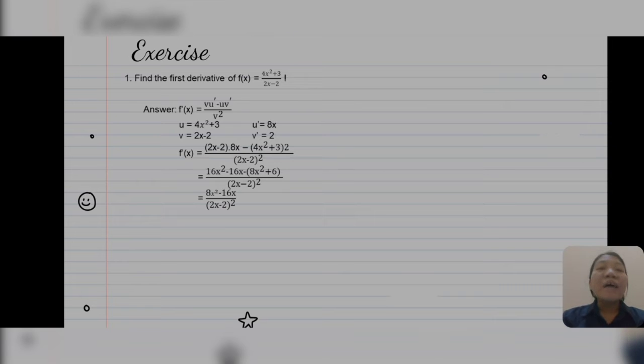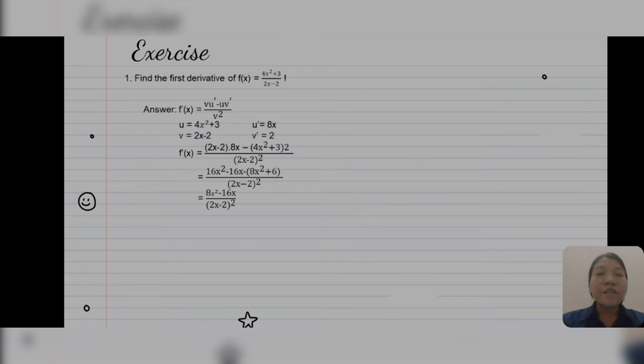That is f accent open parenthesis x close parenthesis equal to phi times with u accent minus u times with phi accent per phi squared. And at here, the u is 4x squared plus 3, and the phi is 2x minus 2.